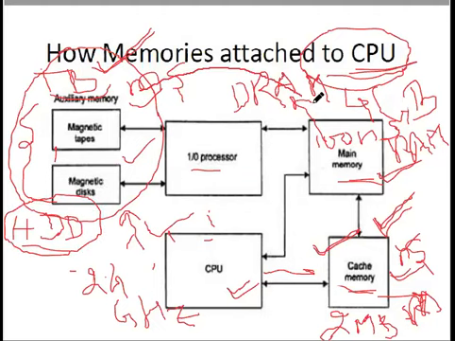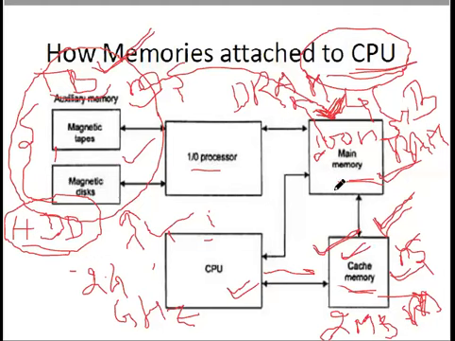There are a few programs which are frequently accessed. The programs which are frequently accessed will be part of main memory, available to be fetched by the processor. The part of a program or a subroutine of a program will be part of cache memory.